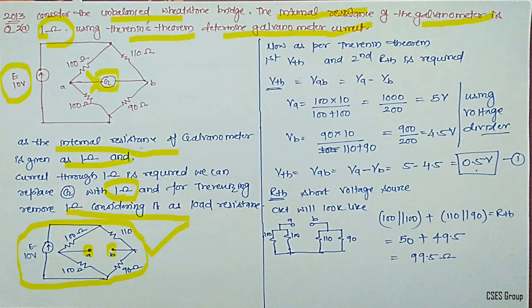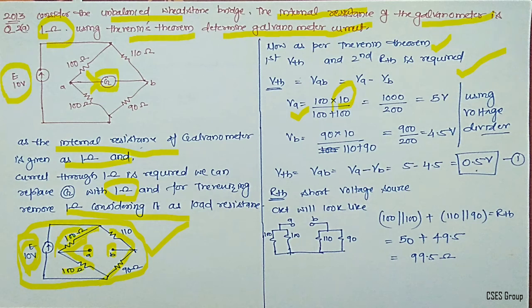Now apply Thevenin's theorem to the given circuit. The one with 100 and 100 in series, and the other with 110 and 90 in series, are in parallel with each other, so the voltage will be the same. Both the parallel branches will have 10 volts. You need to apply the voltage divider rule here to identify the voltage at point A and point B. So VA can be written as 100 multiplied with 10, the supply voltage, divided by 100 plus 100.